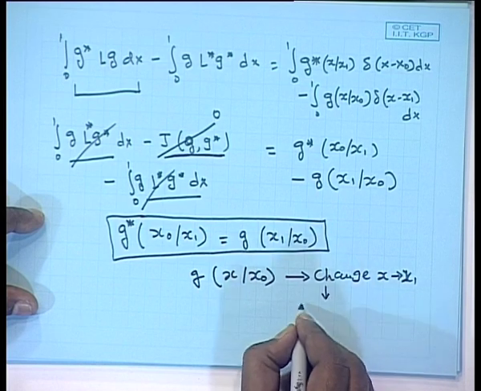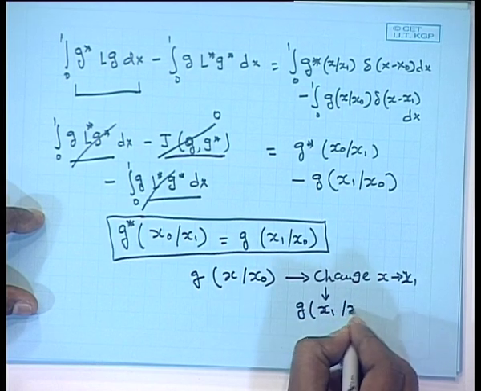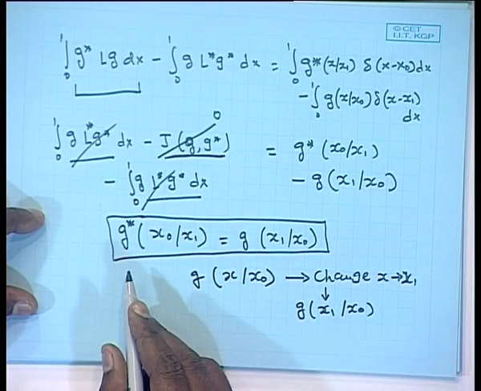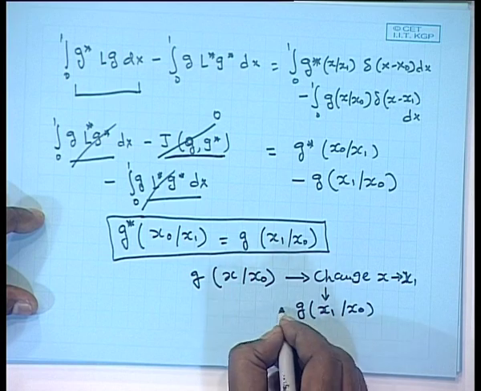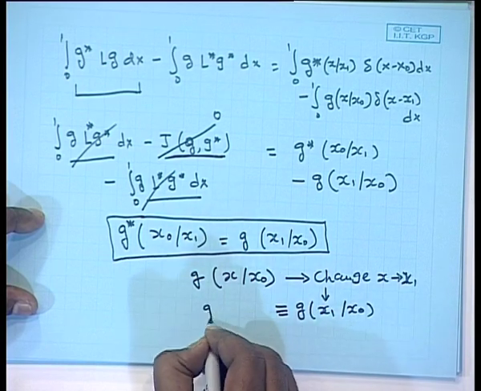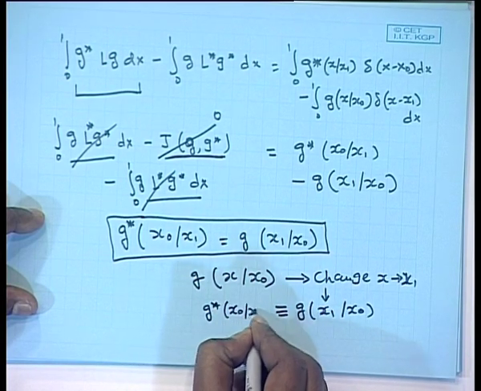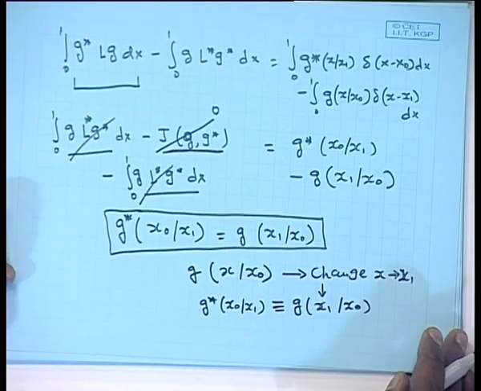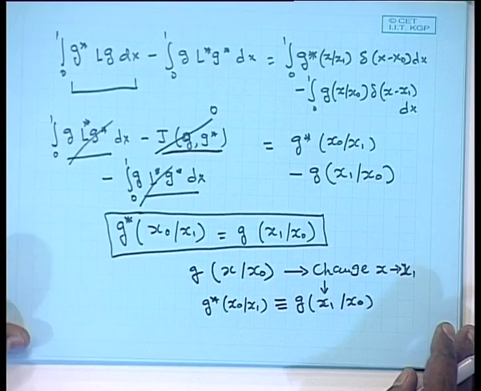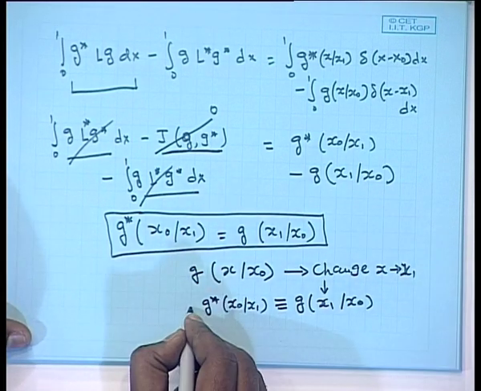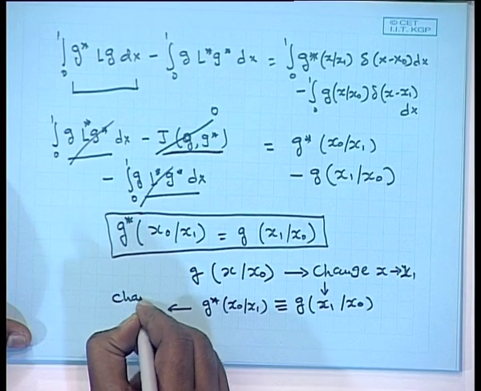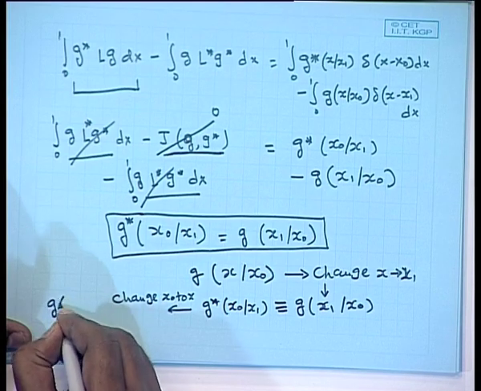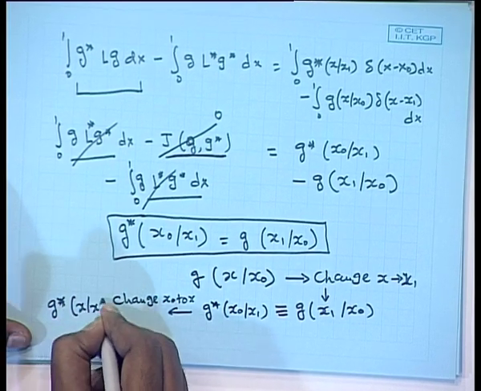This will result in g as a function of x1 by x naught, which will be identical to g star x naught by x1. Now, again change the variable x naught to the running variable x. Then you will get g star as a function of x and x1.